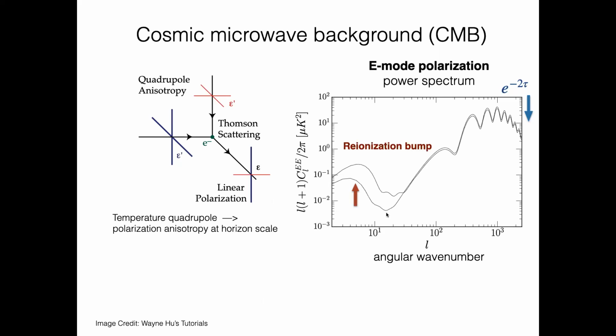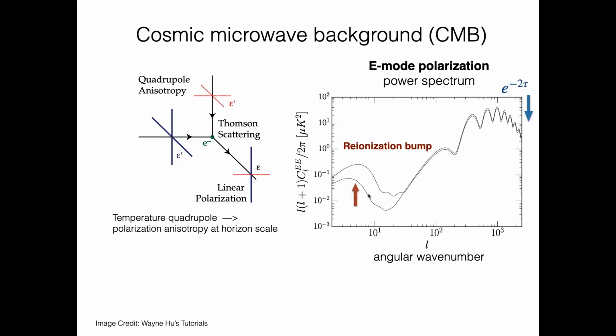So that is what we're observing on this bump over here: the scattering with the temperature quadrupole creating extra polarization anisotropy as a result. Usually this is happening on the horizon scale, which actually changes as a function of redshift. As we go further back in time, we are looking at smaller and smaller scales.